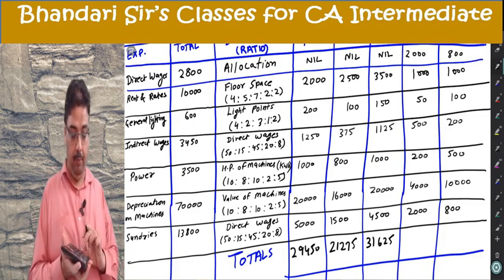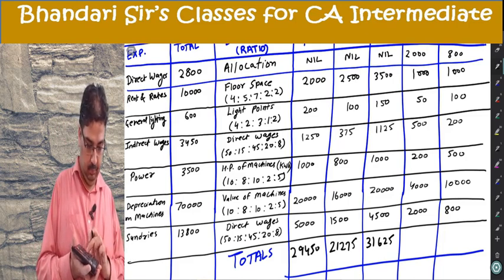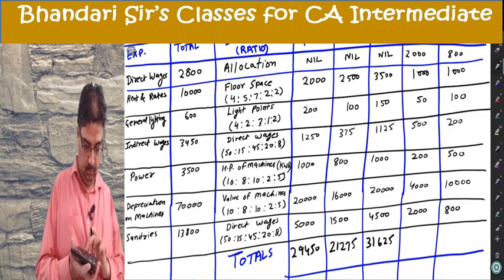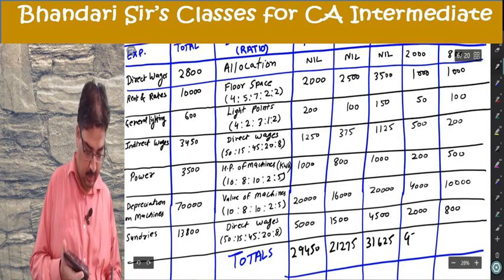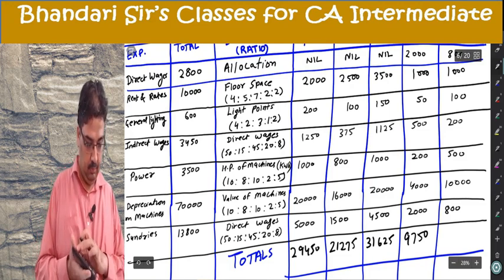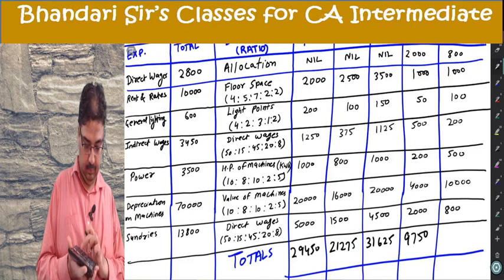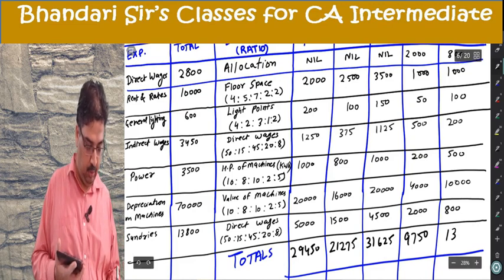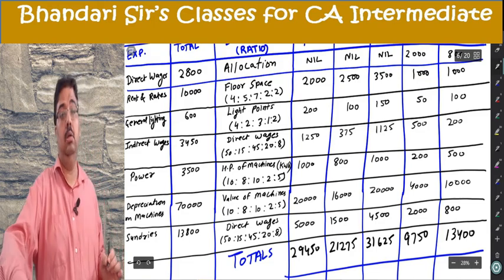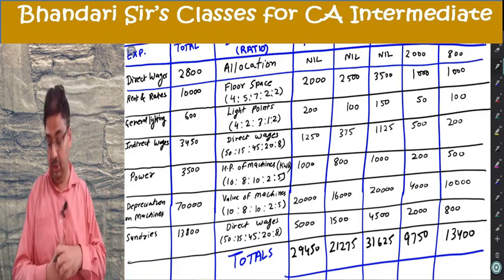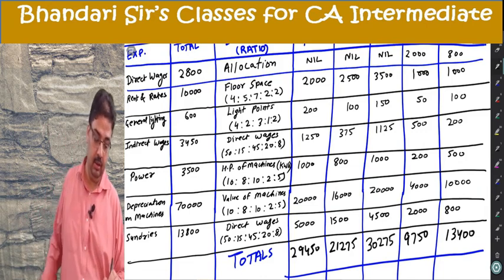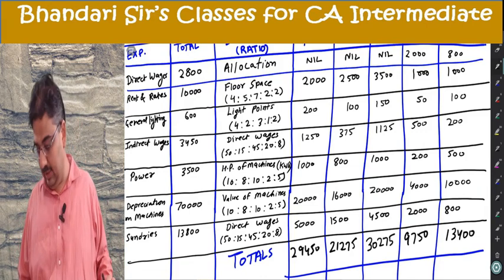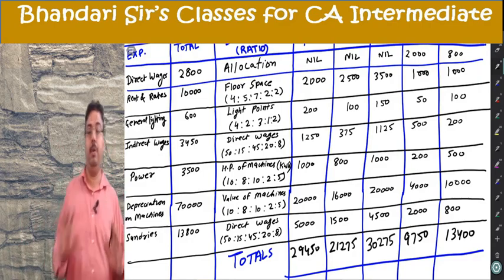I have to start from top, wages also. I hope it is 9750. Start with 800. 13,400. They're all the totals of the primary overhead distribution summary. I have made even one correction in totaling: the third one is 30,275. Everything else is correct. These are my totals as per the primary summary.